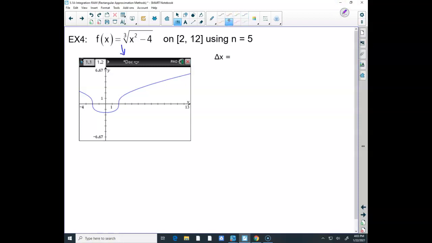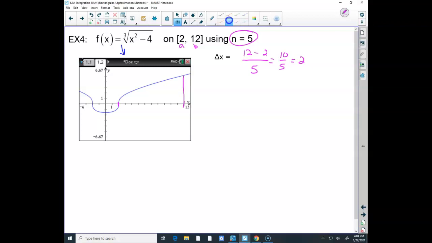And what we need to do is go from 2 all the way up to 12, and we are breaking this into 5 rectangles. Well, how do I do that? My width is always b minus a divided by n, or 10 over 5. Each rectangle width is 2.